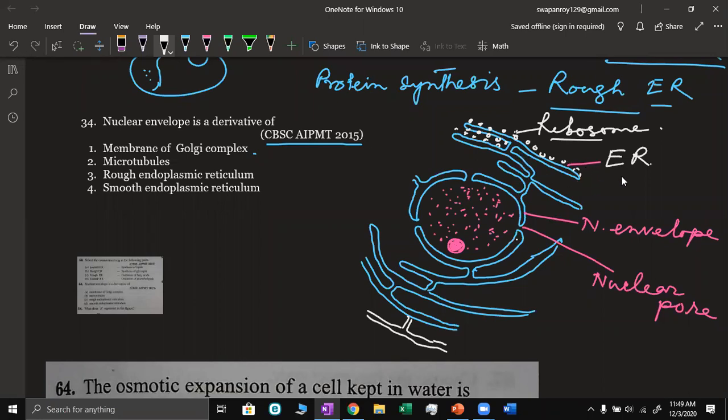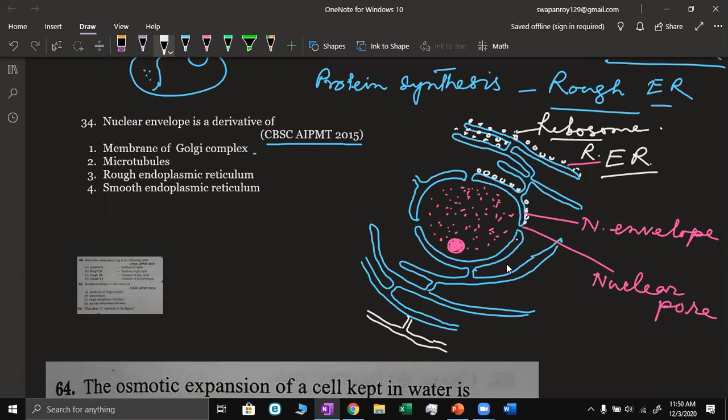Endoplasmic reticulum with ribosomes is the rough endoplasmic reticulum, and it is continuous. We can see that on the surface of the nuclear membrane also some ribosomes are attached.